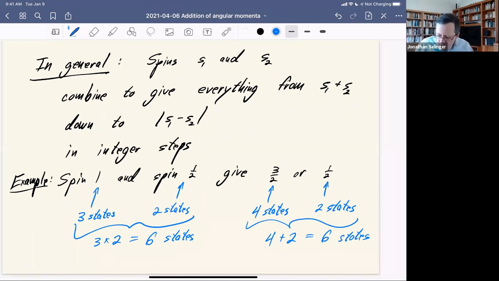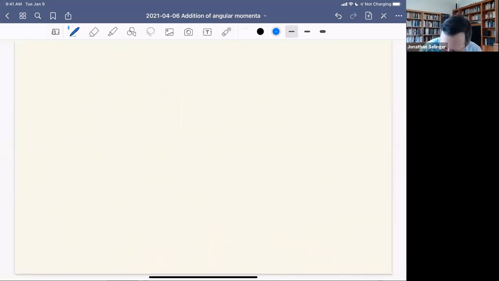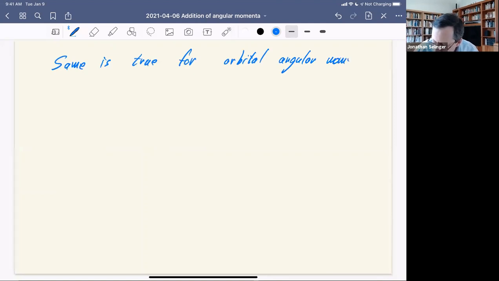Okay, so the same is true for orbital angular momentum also. And the same is true for spin and orbital angular momentum. You can combine spin and orbital angular momentum.